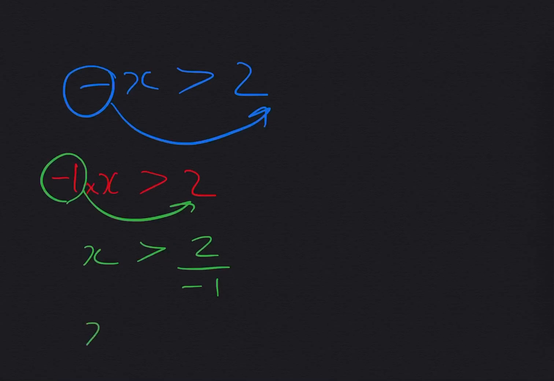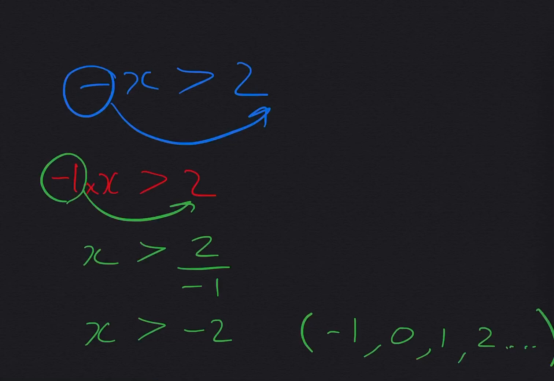Okay, so x is greater than, if I'm dividing by minus 1, it's the same as minus 2. Now, we have a bit of an issue with this, because if I think about x as being greater than minus 2, then that could be minus 1, it could be 0, it could be 1, it could be 2. Keep going forever, because it's got to be greater than minus 2.